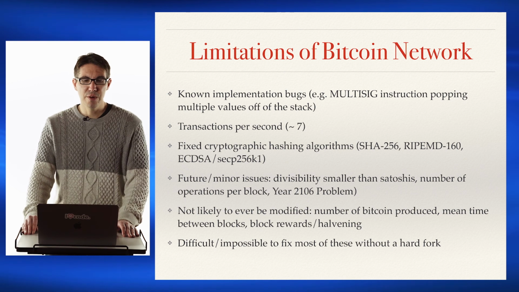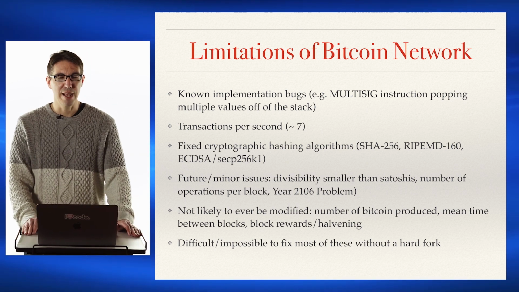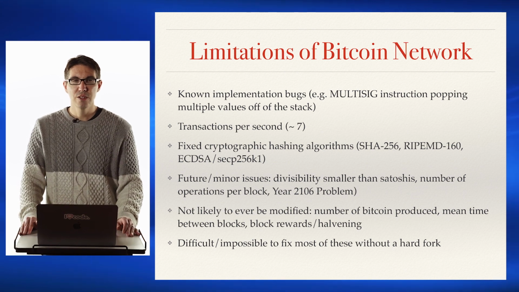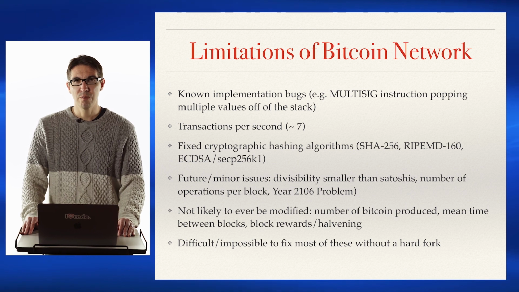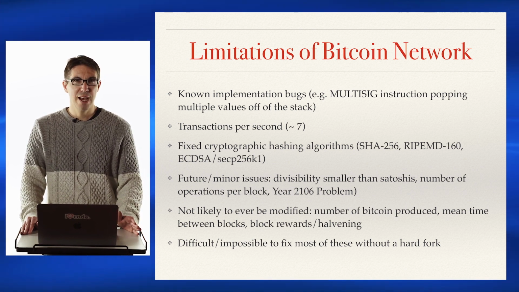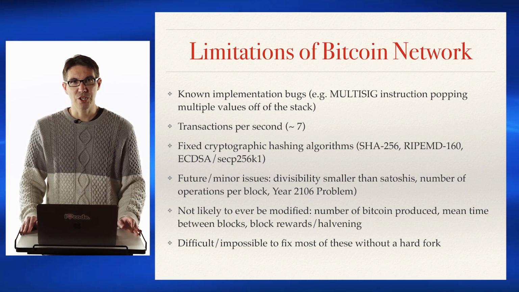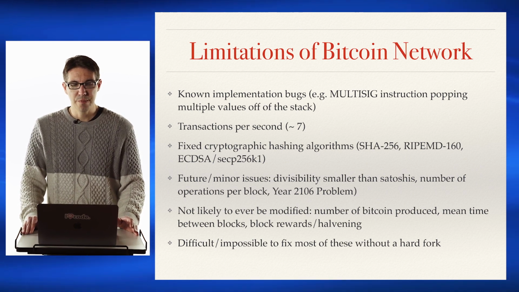However, there are a variety of factors that are not likely to be modified because they're so ingrained into the Bitcoin network. So for example, the number of Bitcoin produced. The maximum number will probably always be 21 million. The mean time between blocks. The block rewards given, the halvenings that occur. These are very unlikely to be modified.